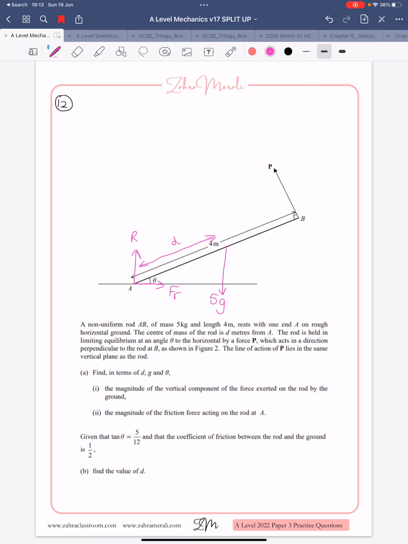at A. So the only thing I don't have an up, down for is this one over here. So I want to figure out what this is. Now we can see if that's theta, then using your angle rules, you know that that's going to be the same as this one over here, right? If you need to see why, I can show you.